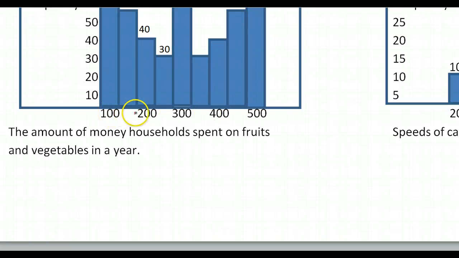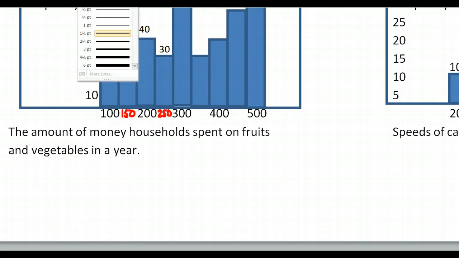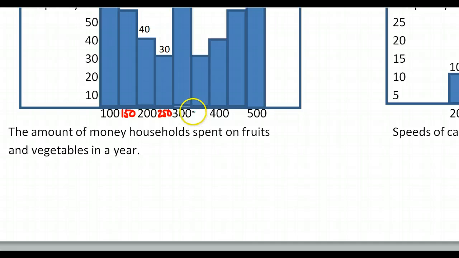You're supposed to use your common sense and imagine the numbers between. So if this is 100 and this is 200, then this would be 150, and this would be 250. This would be 350 and 450.